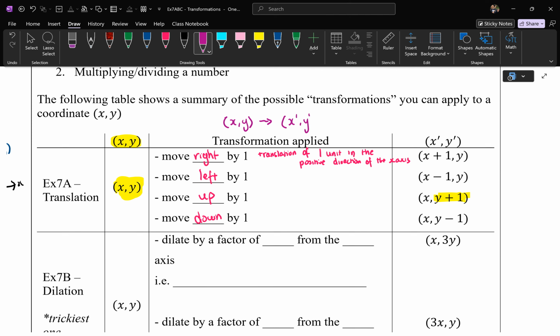Notice that in the column I used X dash, Y dash. That is the notation so that you know it went from the original X to the new X, from the original Y to the new Y. Usually I say old X, new X, old Y, new Y. It helps you, especially in the next exercise. I'll teach you how to use a technique to identify. That's why you need to know the difference between the two.